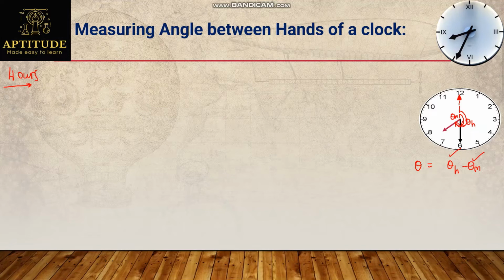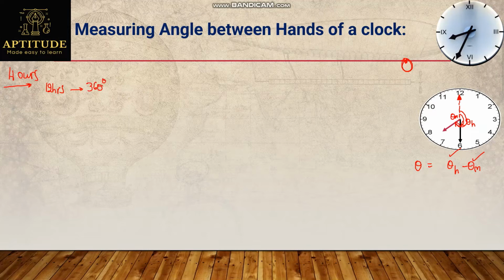Obviously 360, right? Because if you observe here, the clock is like a circle. It starts here and once again reaches here, which means it completes one circle, and the angle in a circle is nothing but 360. So for 12 hours, the hours hand covers 360 degrees.